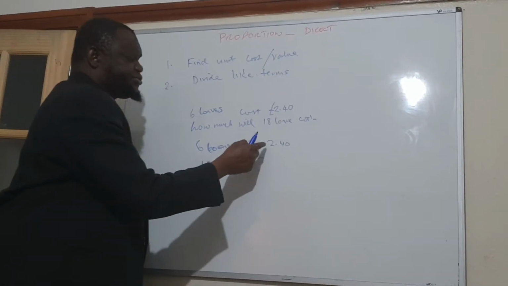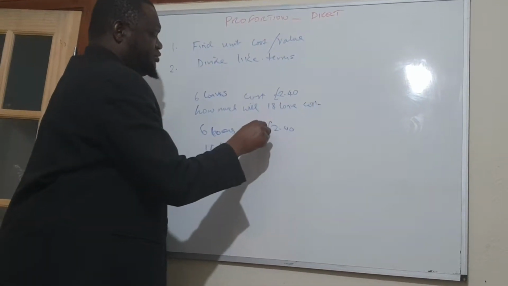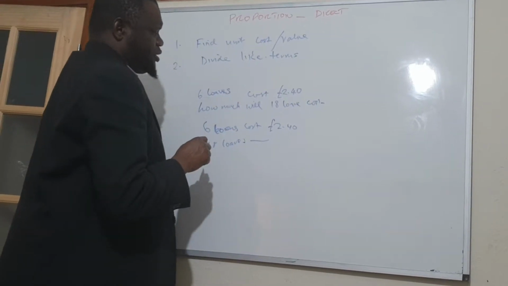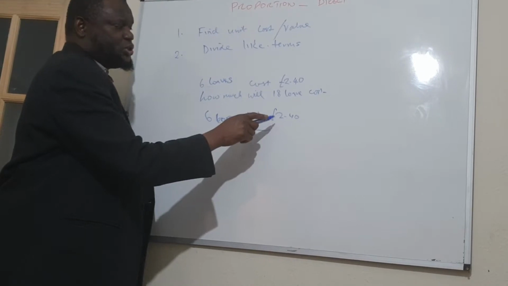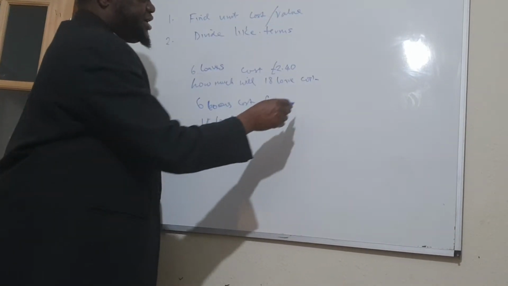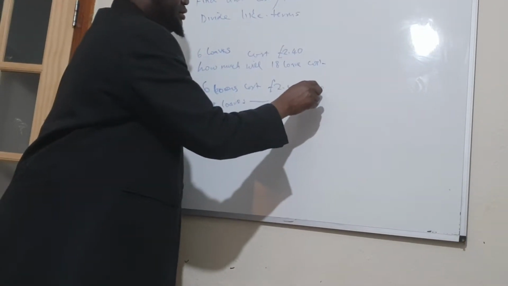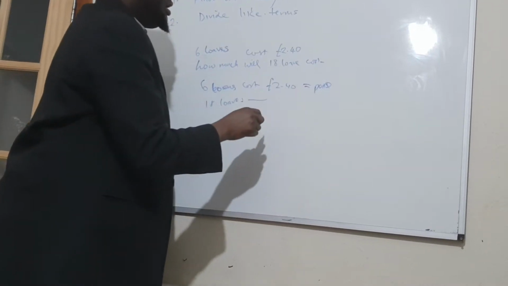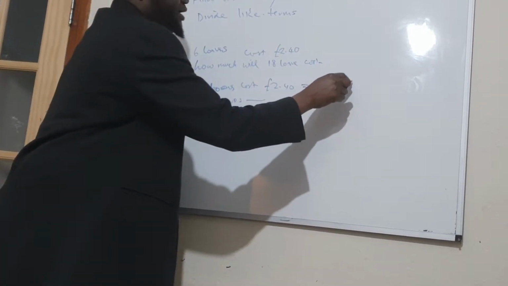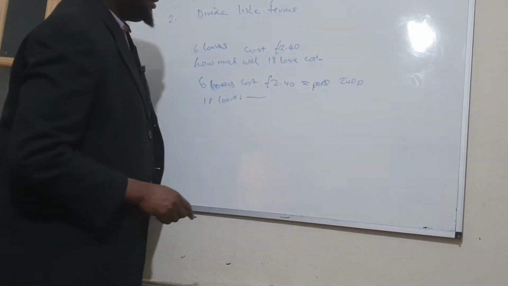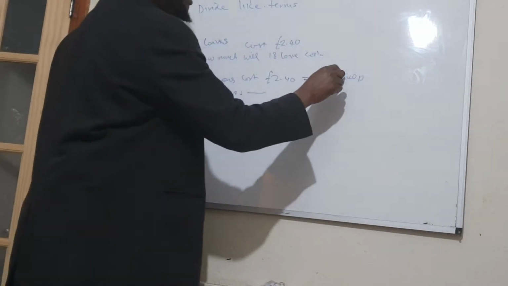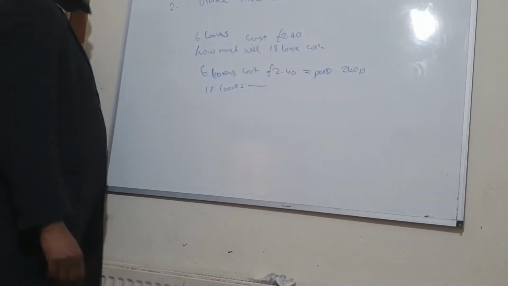Now, this is £2.40. Obviously, 6 cannot go into 2, so it's going to be difficult to use. So you have to change this to pence. It looks like it's 240 pence, isn't it? 100 times this plus that. Now we can deal with this.